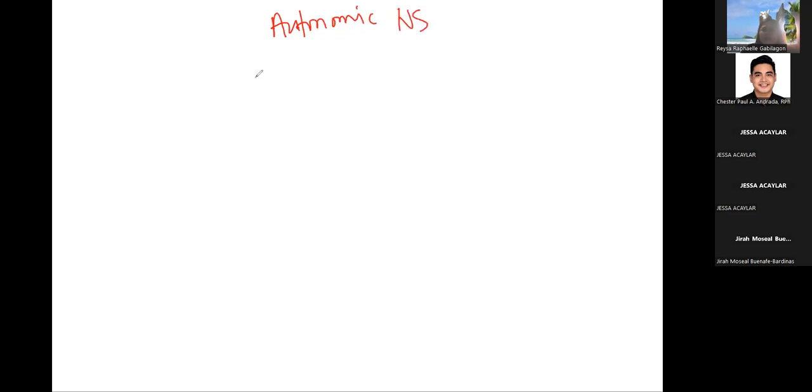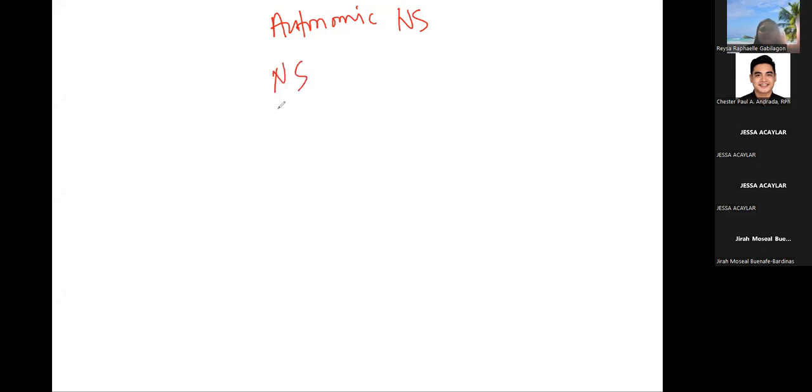Here all the reference. And then let's move on to our pharmacology proper. Siyempre starting with the autonomic nervous system. So we will be talking about the autonomic nervous system. But before that, let's just have a diagram first.